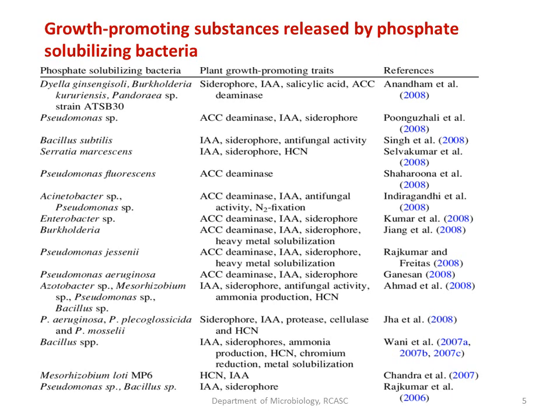Apart from solubilizing the phosphorus, there are also some organisms like Azotobacter and Rhizobium that have an ability of fixing atmospheric nitrogen.